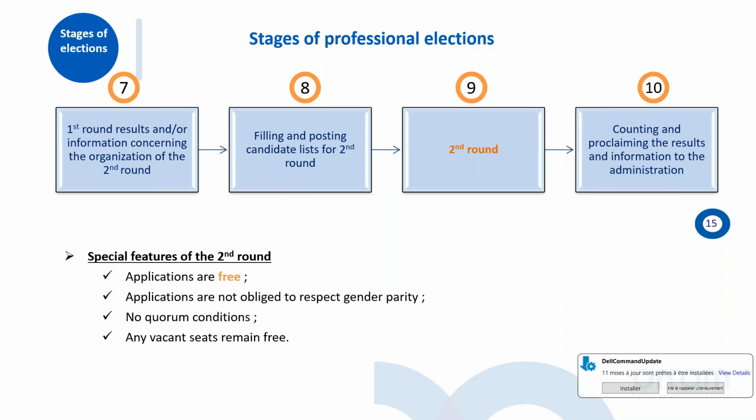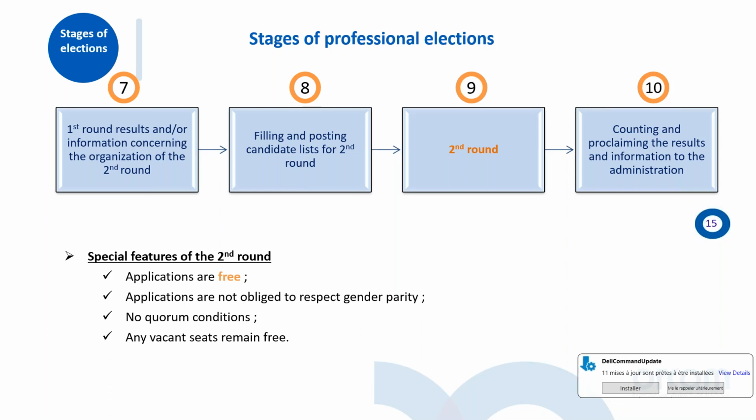As Charlotte just explained, in the first round, you need trade union candidates, whereas in this round, all employees that can be candidates can apply. The applications are not obliged to respect gender parity, which is much easier.